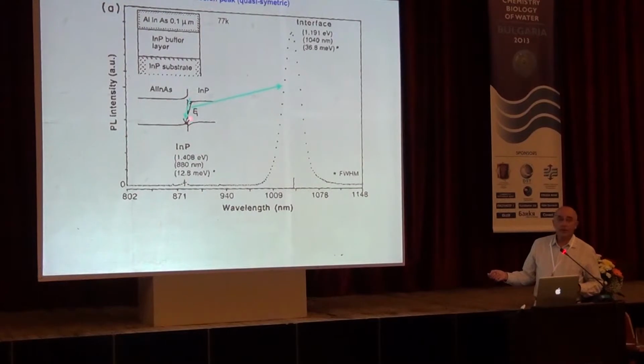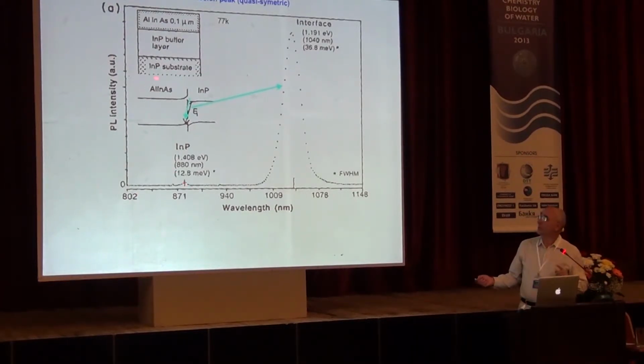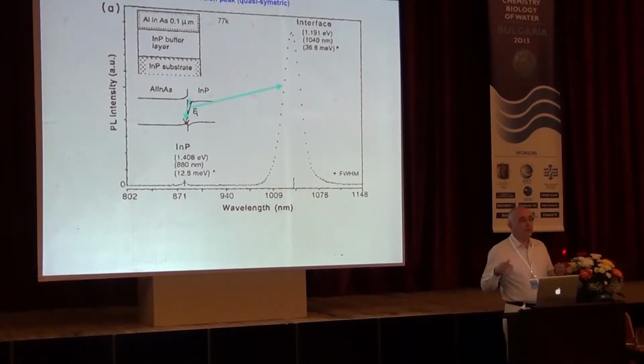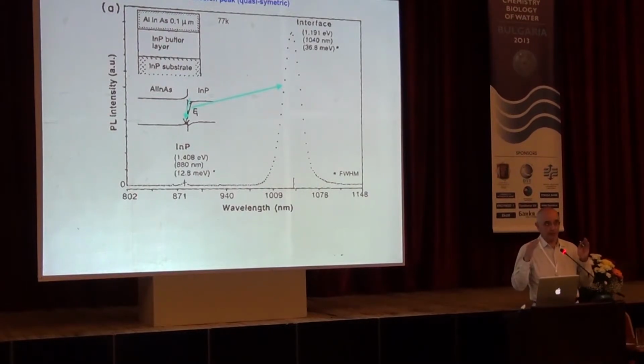I have only the emission from the interface. In this case, this emission gives that the electrons are here and the holes are here. And I see a very little emission from this material.